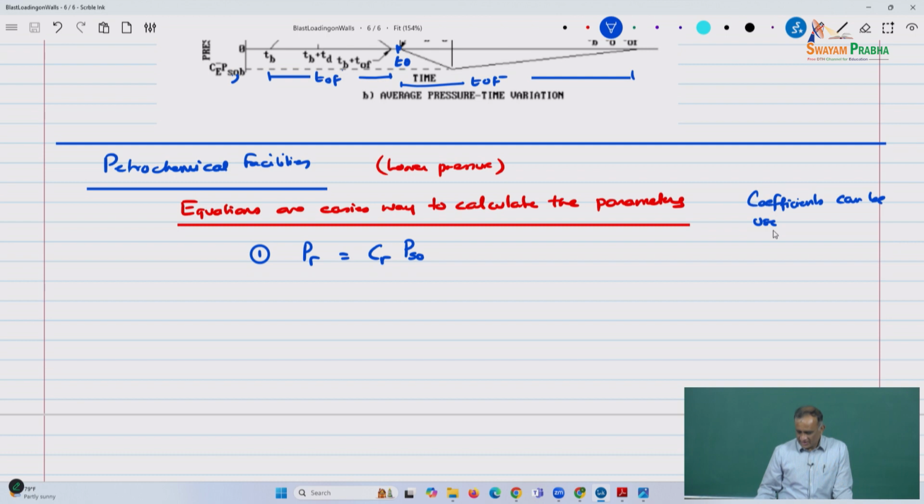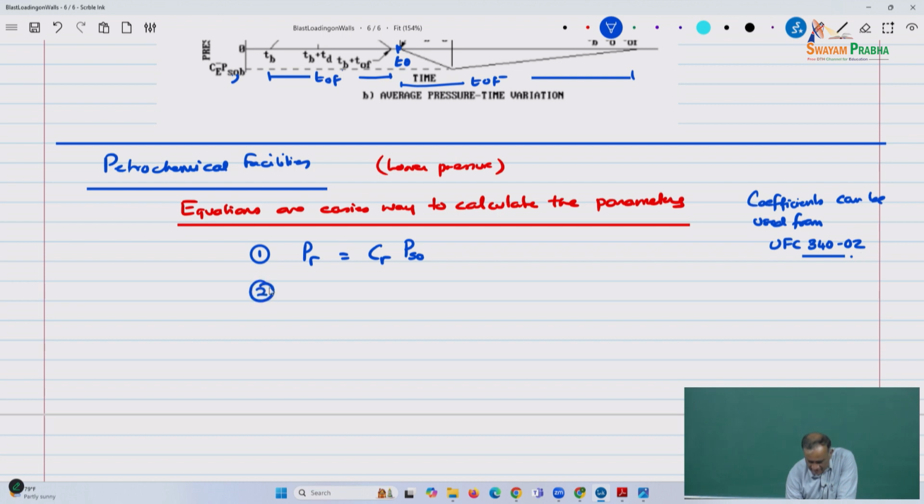So some of these they use from the Army documents because that's more applicable. So coefficients can be used from appropriate coefficients as you see. Again, a lot of it is judgment call, which is the right one you choose. So the CR is from there.